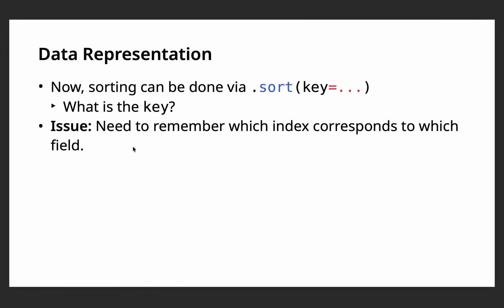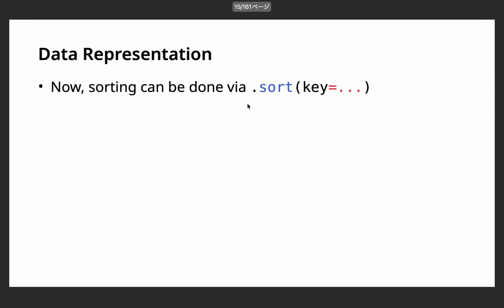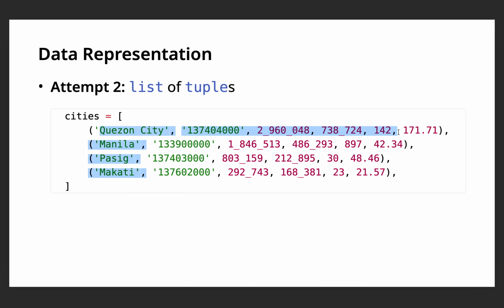Okay, so because we can now do this, it actually gives us another problem. So what now? The problem now that we have to deal with is, if we can sort them like this, we now have to remember what each of these entries actually represents. So, well, these first entries over here, these are pretty obvious, they're just city names. But what about all of these other numbers over here?